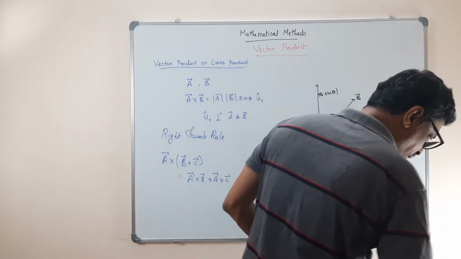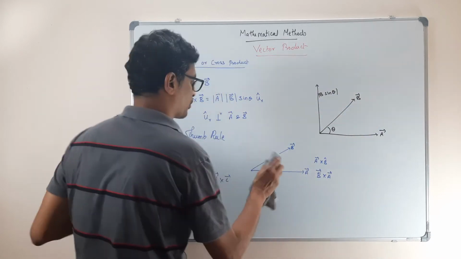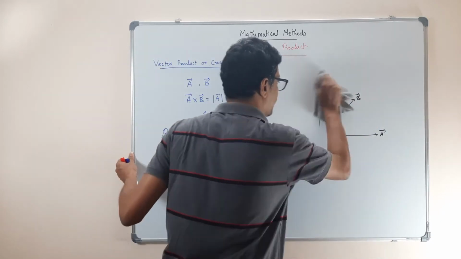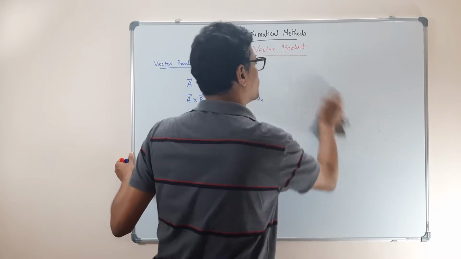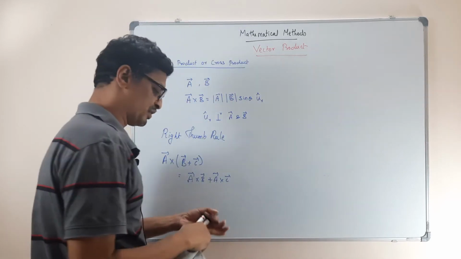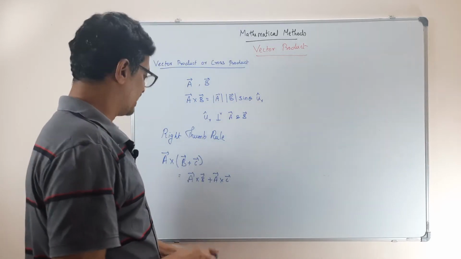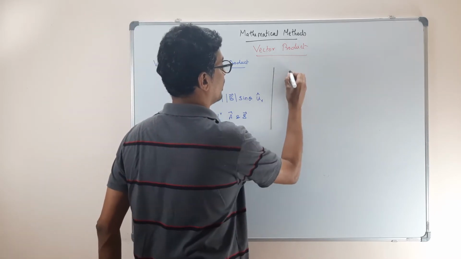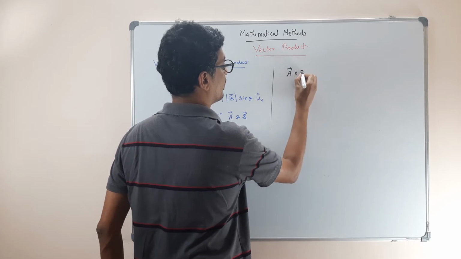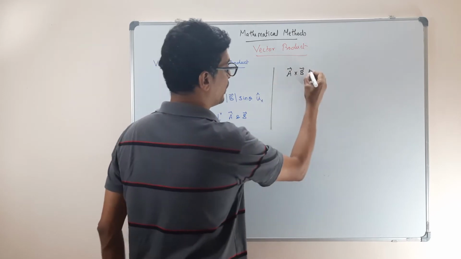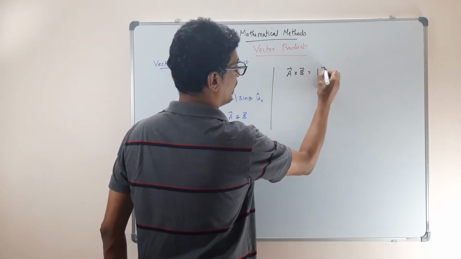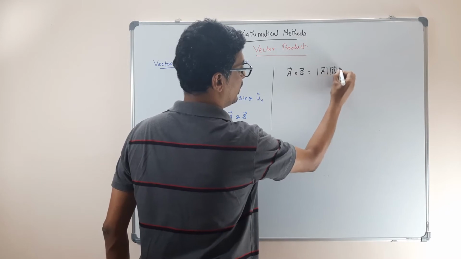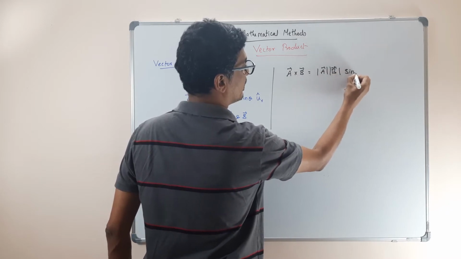And the other interesting property is the special cases of the cross product. We saw that there also, right? When theta becomes 0, tell me what happens. A cross B will be equal to A B sin theta.